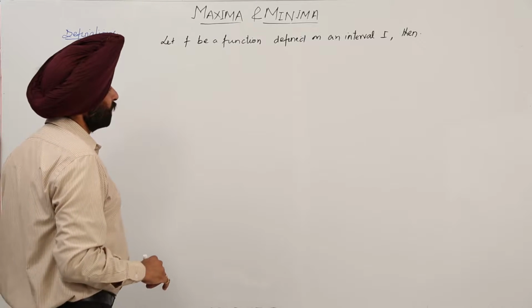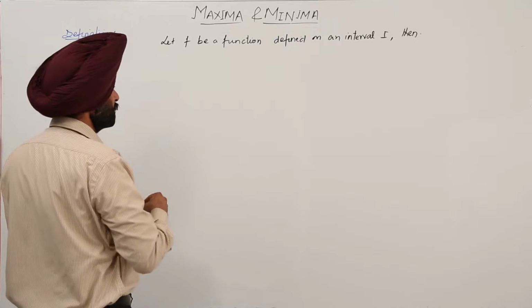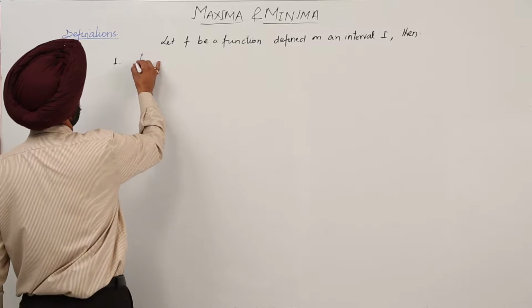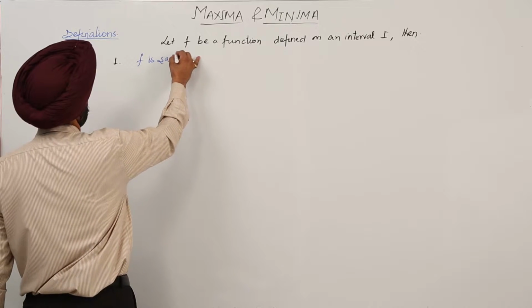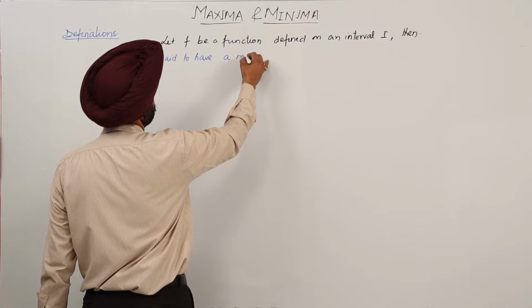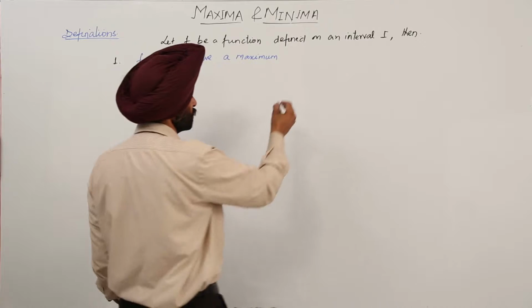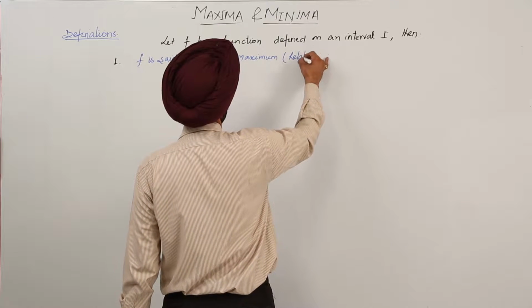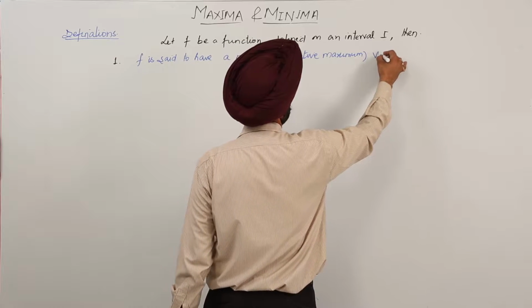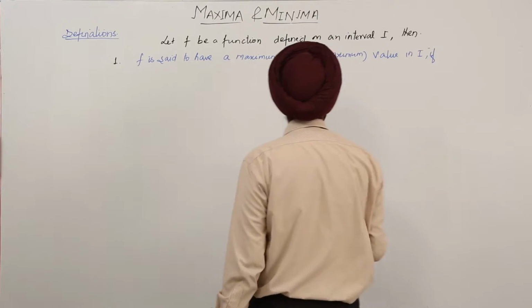Then what do we have now? Let f be a function defined on an interval I. Then, number one: f is said to have a maximum, and what I told you in the introduction part, this can also be called a relative maximum value in I, if there exists a point.